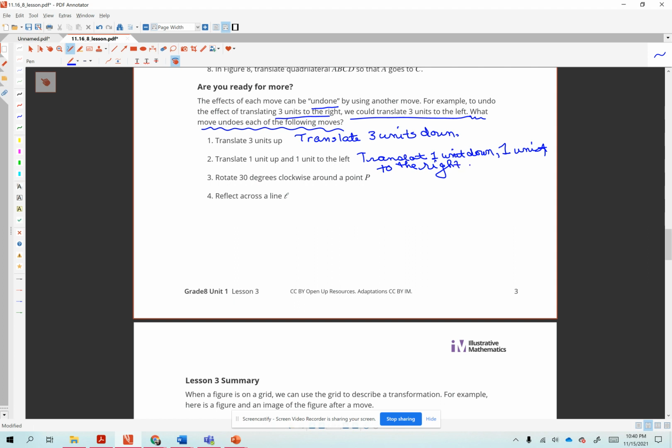To rotate 30 degrees clockwise around a point, to undo that, you would rotate 30 degrees counterclockwise around the same point. And that's point P. And then to reflect across line L, you would reflect again across line L.